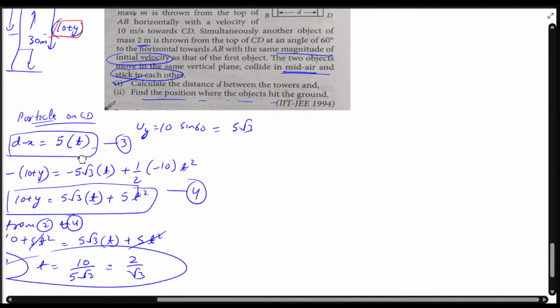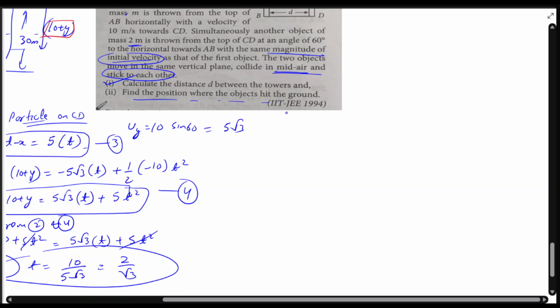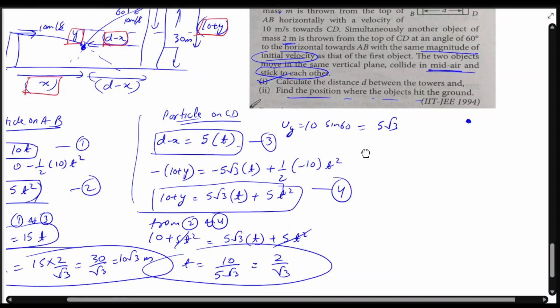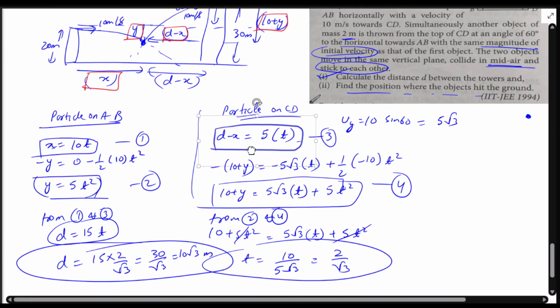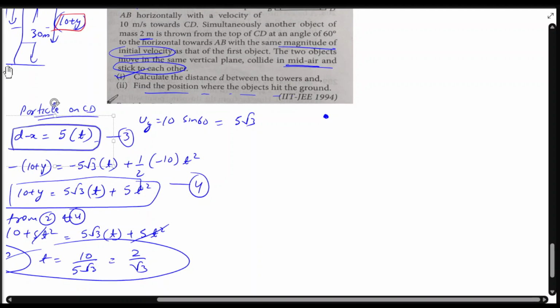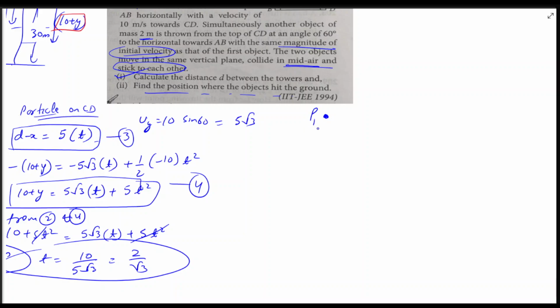Okay, let's solve the B part. Now look, we first have to find the final velocity with which they are coming towards each other. So let's find the final velocity, shall we? For particle 1, the final velocity will be like this.